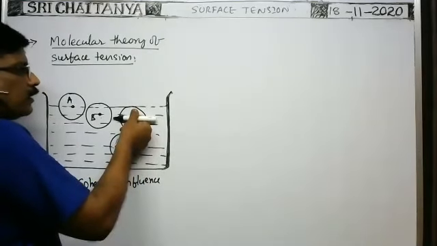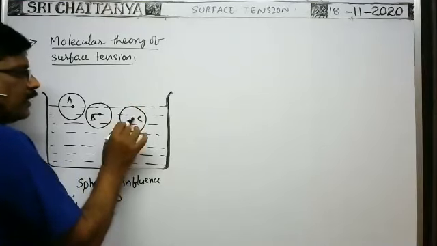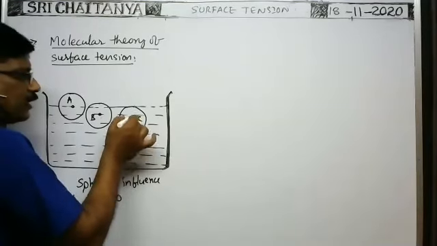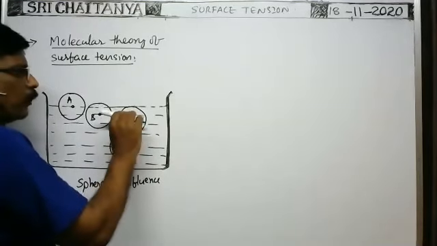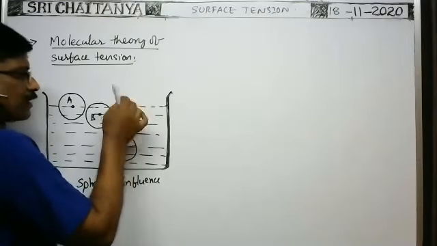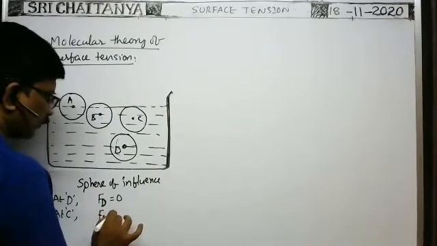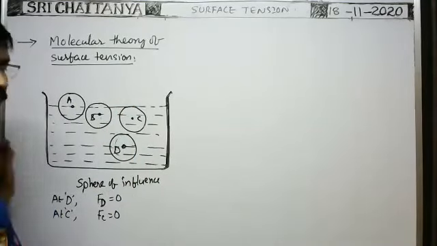The molecules in the upper half attract the molecule at C in the upward direction, and the lower molecules attract it in the downward direction. As the number of molecules above and below are the same, the net force becomes 0. That's why Fc is also equal to 0. That's why no cohesive force acts.